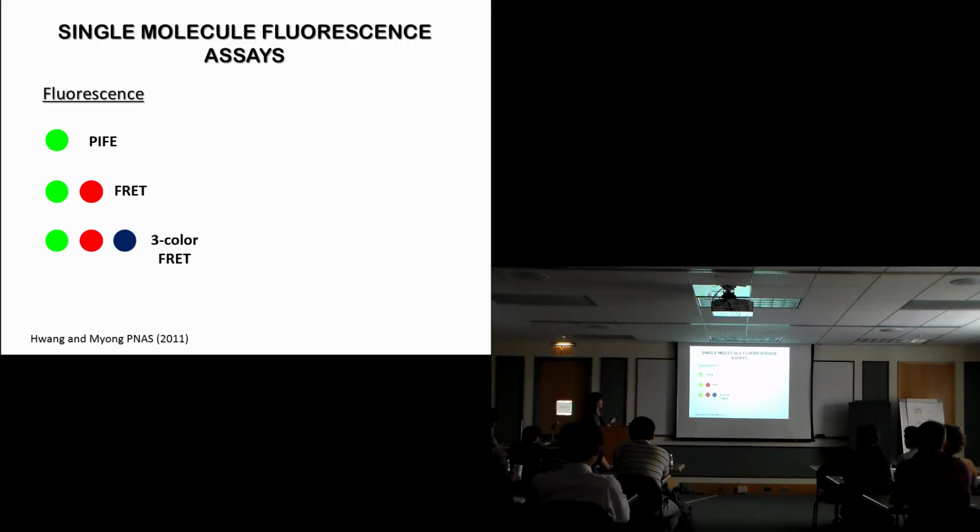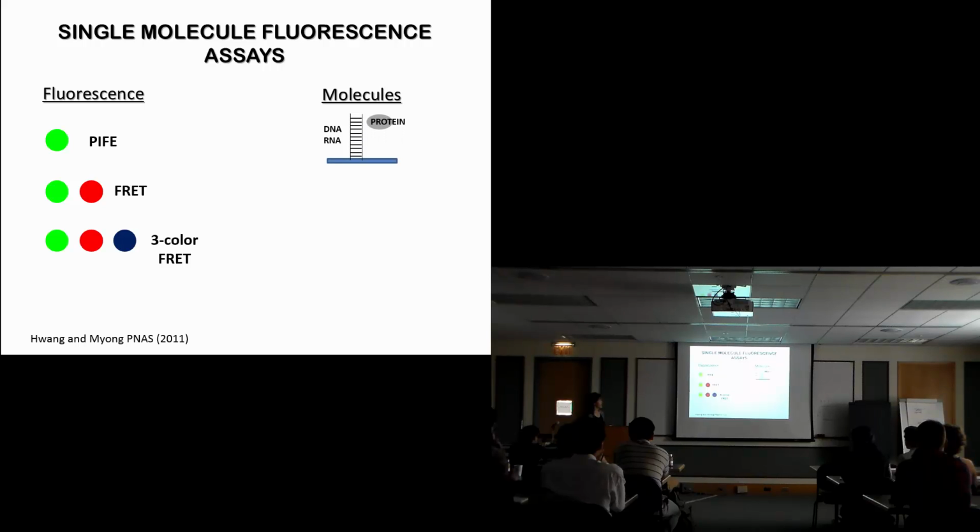The most popular technique in single molecule by far is FRET, or Förster resonance energy transfer, which I'll also go over in a few slides. And FRET can be expanded to 3 colors or 4 colors, depending on the fluorescent dyes that you choose and how you arrange the dyes along the molecules.